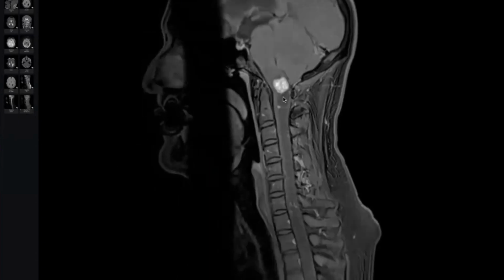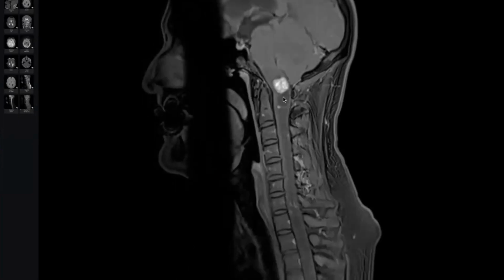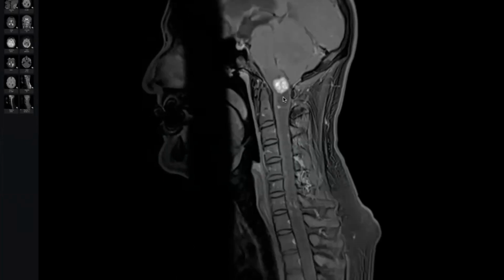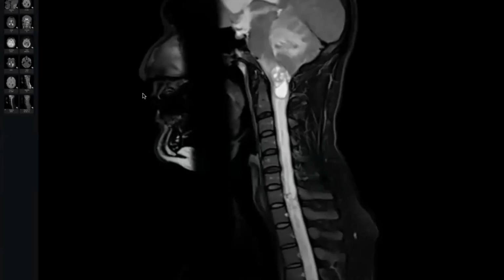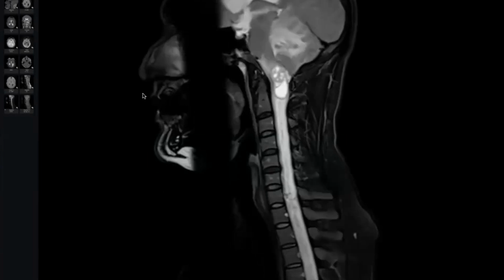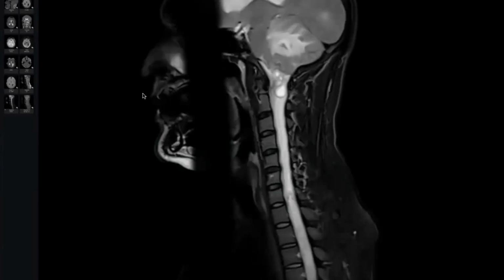And this is very characteristic of hemangioblastoma. It is based on the bile matter. And here associated with, look, marked syringomyelia. By the way, my colleague, this is a STIR used in the cord and the brain MRI.